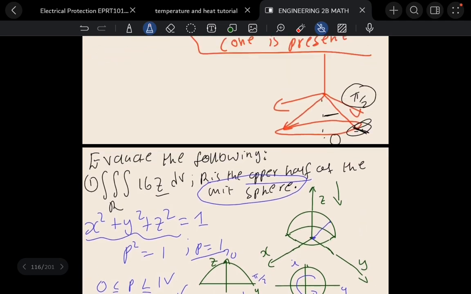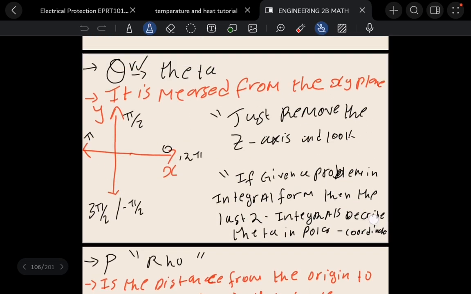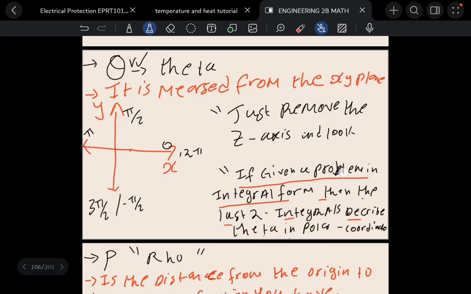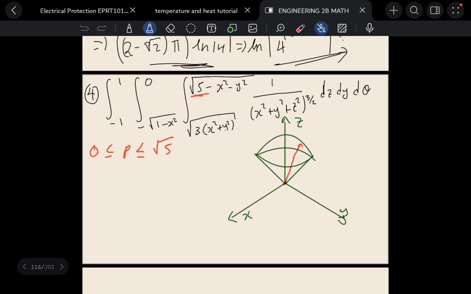Remember I said there was an instruction here that I wrote: if given a problem in integral form, then the last two integrals describe theta in polar coordinates. So if you take the last two integrals and draw it in polar coordinates, you'll have something like this actually.